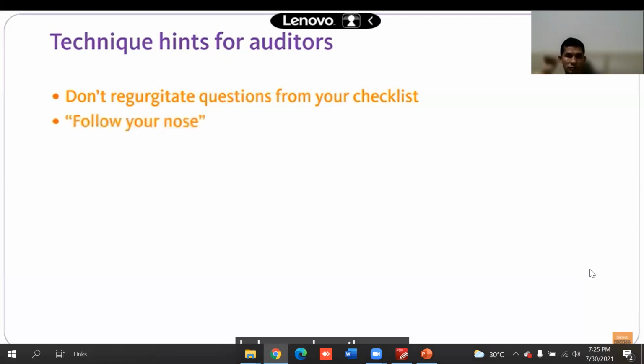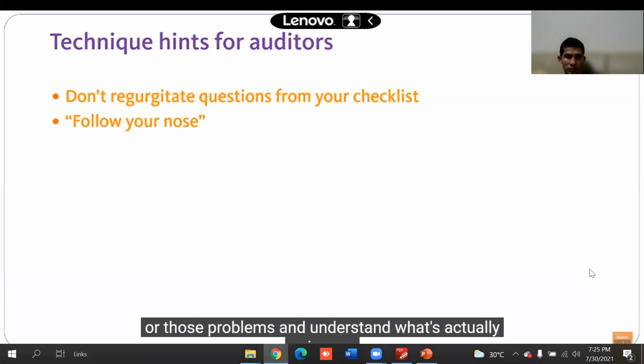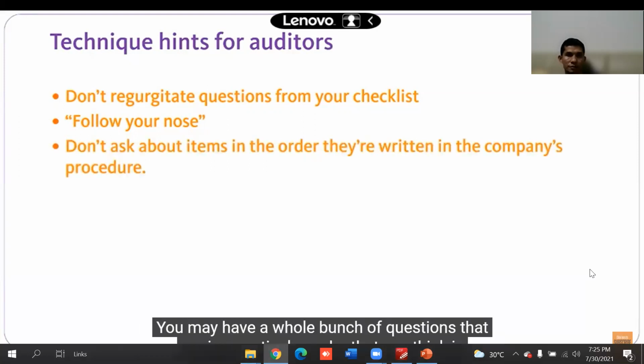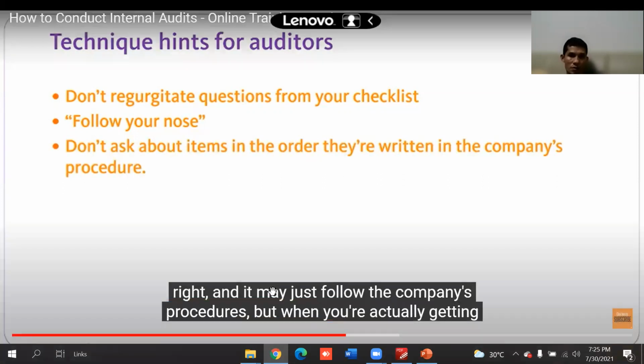A good idea is to follow your nose. So when you ask the first question and you get a hint that maybe there's some issues or some problems, then maybe follow down those issues or those problems and understand what's actually going on. You may have a whole bunch of questions that are in a particular order that you think is right, and it may just follow the company's procedures.